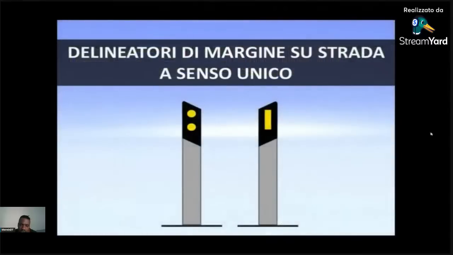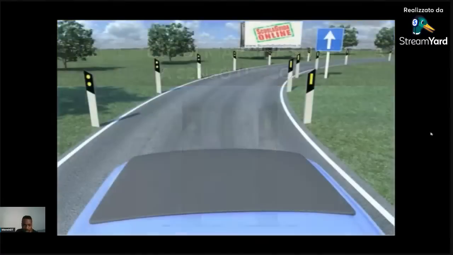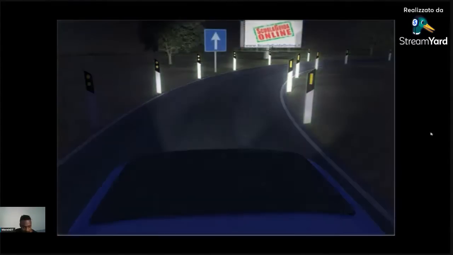Delineatori di margine su strada a senso unico. These ones too are used on a carreggiata of a one sense of circulation road. Here it is, one sense of circulation. So the yellow one is also positioned on the left and on the right side of the road.